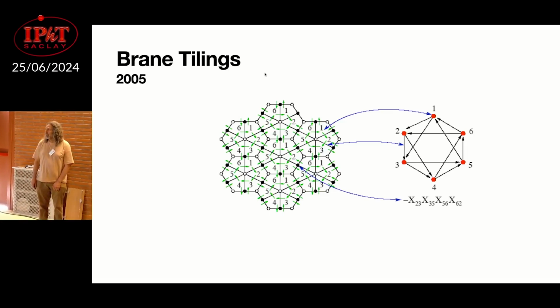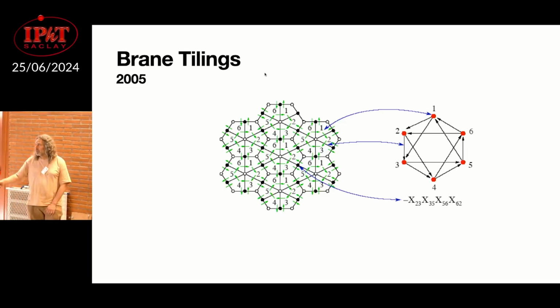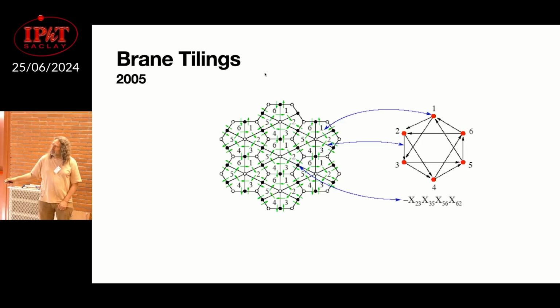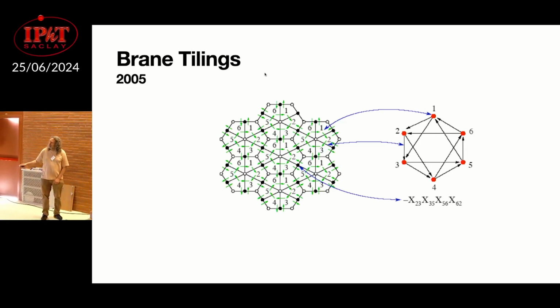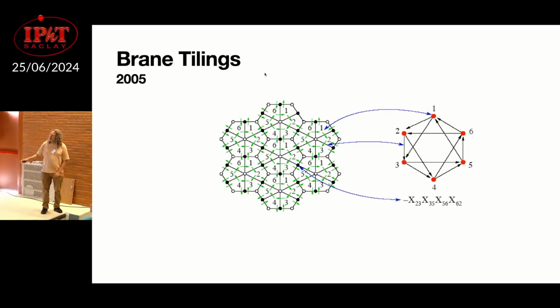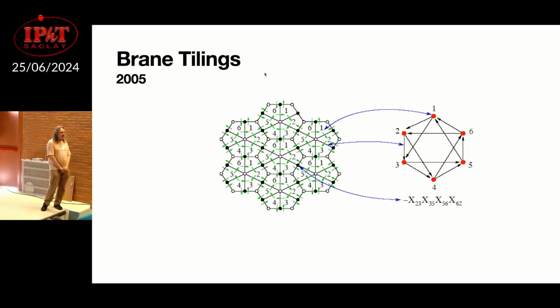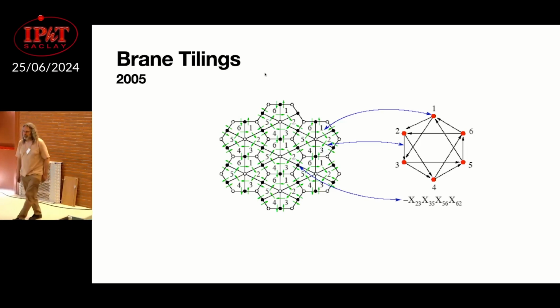And there are 6 interaction terms, because if you take the fundamental domain of this periodic array, you will count 6 of them, and you could see that the valence of the node in the center is 6, and there are 3 nodes of valence 4. One of them is depicted over here, and there are 2 nodes of valence 3, corresponding to cubic interactions.